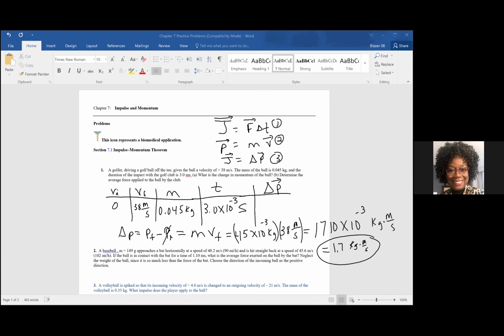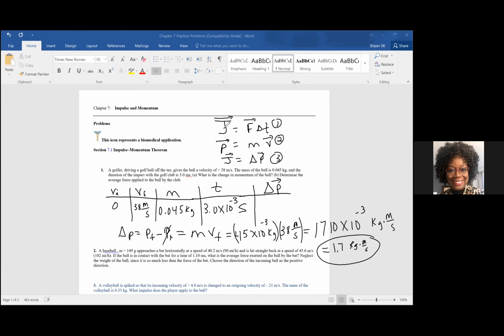Now, please tell me, the rest of you, why you couldn't just weigh in quickly and tell me that in order to solve for the average force, I would use equation 1. In other words, equation 3 tells us that the impulse is equal to the change in the momentum. So we have just found the change in the momentum, and therefore we can find the force because the change in momentum is the impulse.